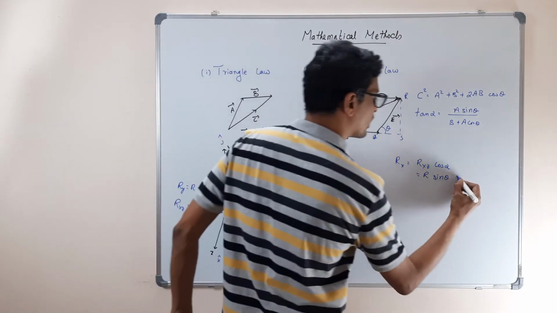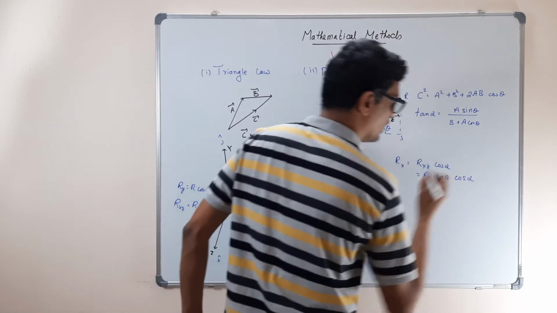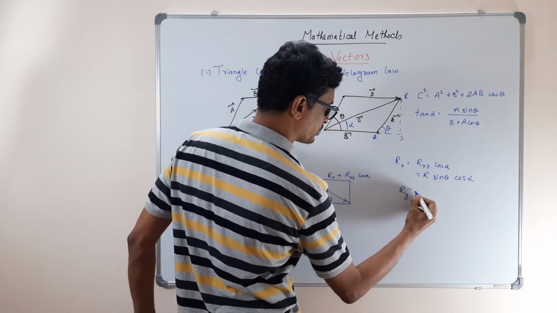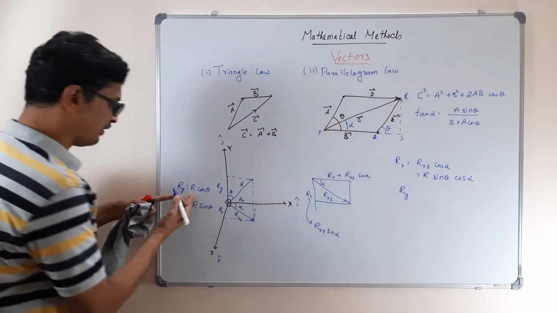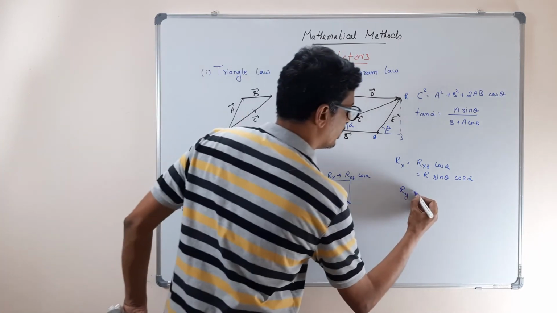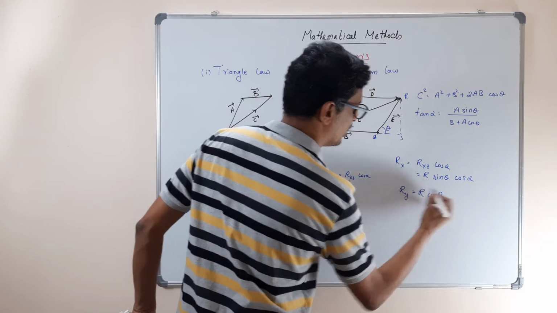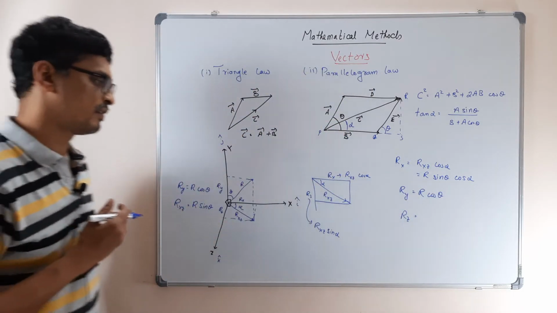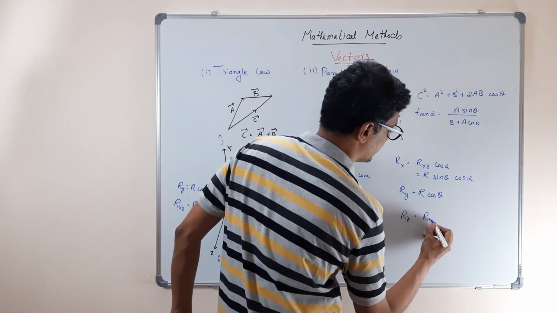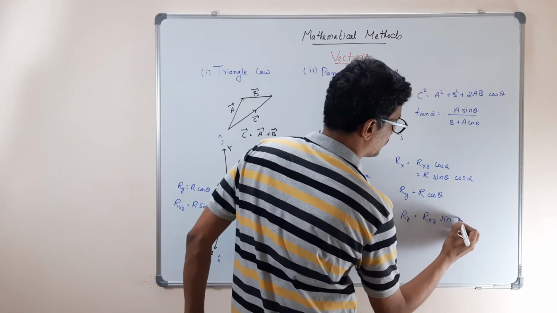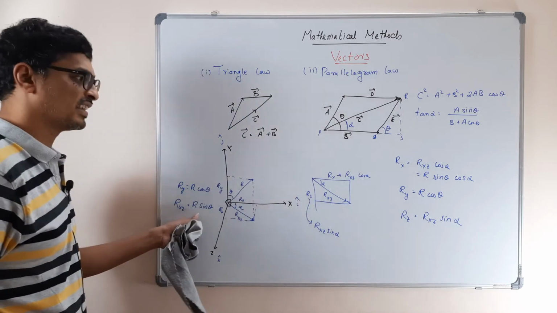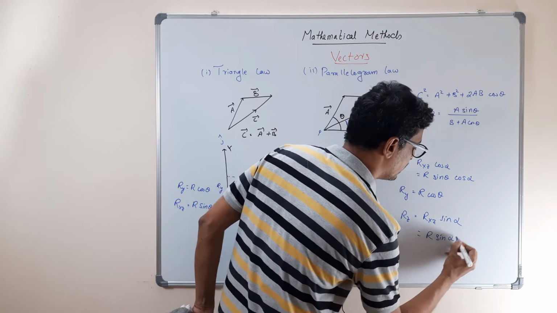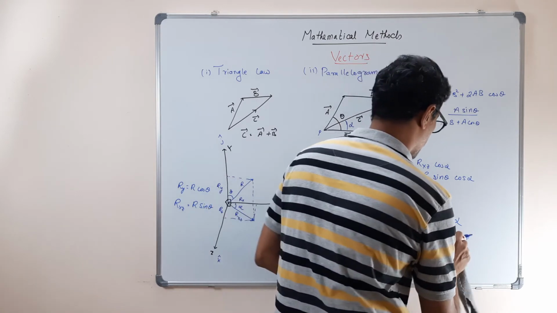So Rx is R sin theta cos alpha. Now you tell me what will be Ry. Ry is already given. What will be Rz? Rxz sin alpha, and Rxz is R sin theta, so Rz will be R sin theta sin alpha.